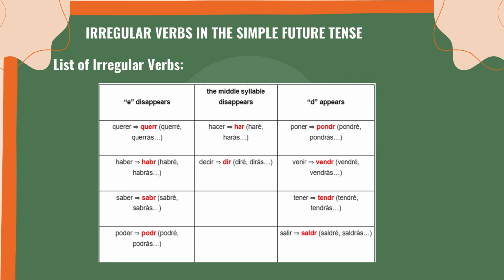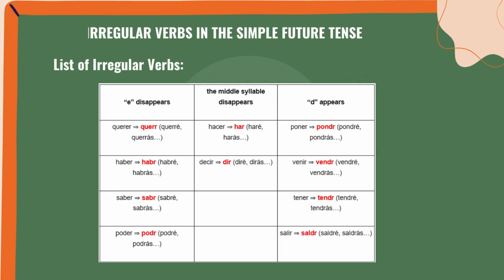Podré, I will be able. Podrás, you will be able. Salir, to leave, becomes saldr. Saldré, I will leave. Saldrás, you will leave. Just remember, even though the roots change, the endings you add are always the same.